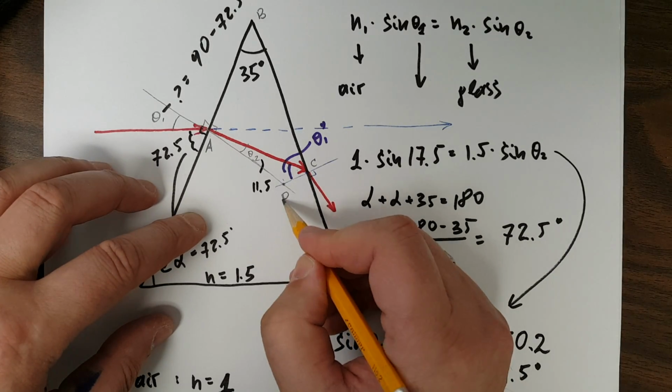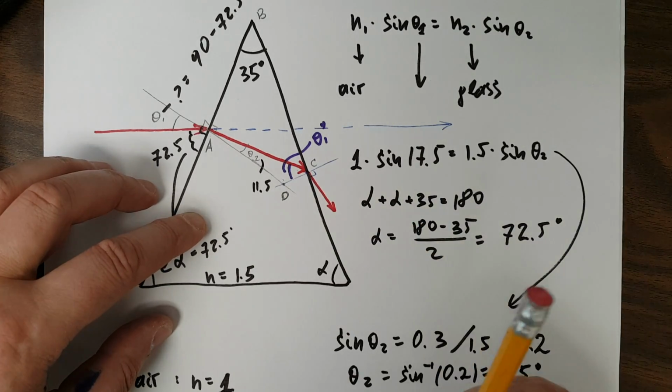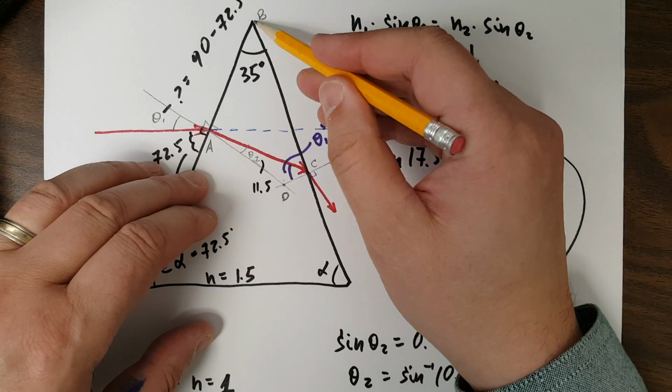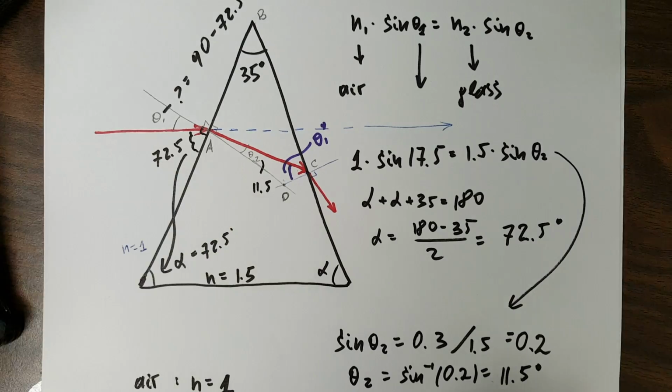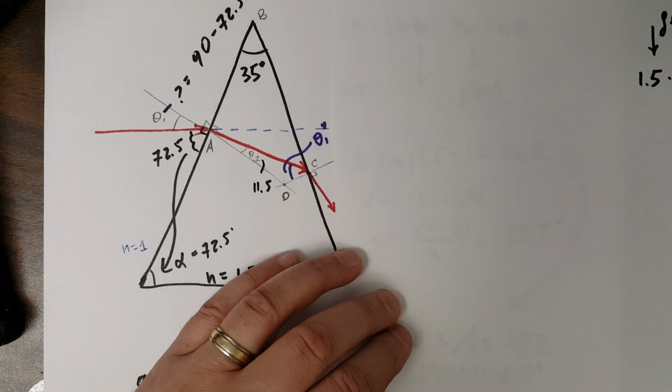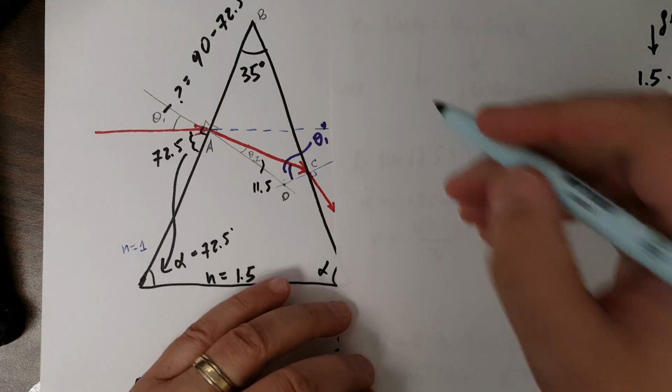This angle, let's call it D, is also a part of a different figure, A, B, C, D. So that's what I want to redraw, just a little bit bigger.